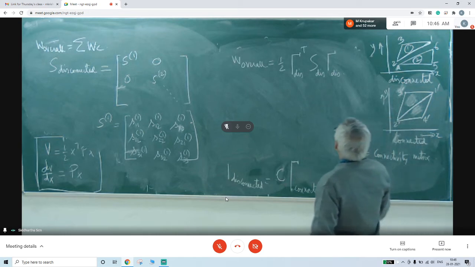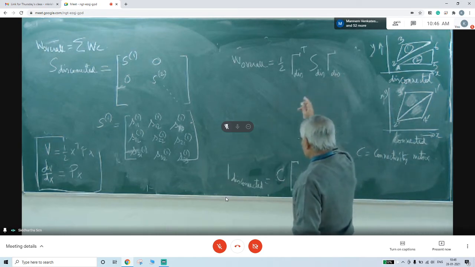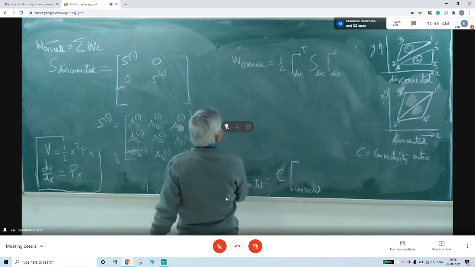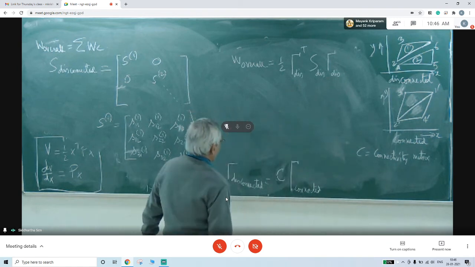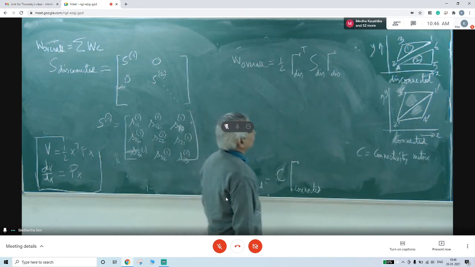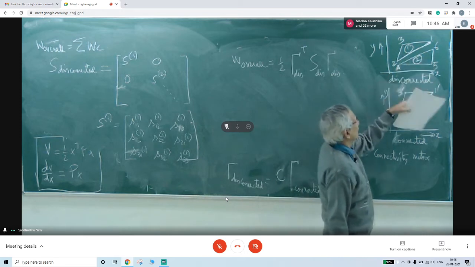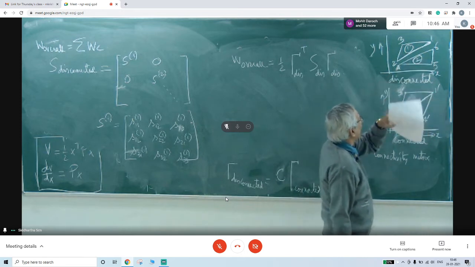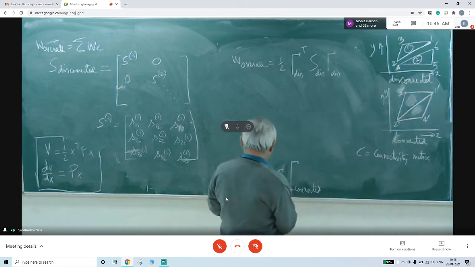But these are all referred to the disconnected, and we have seen that lambda disconnected is related to lambda connected. I don't want to repeat these things again because we know they are all connected there.